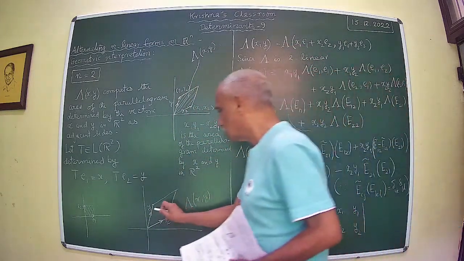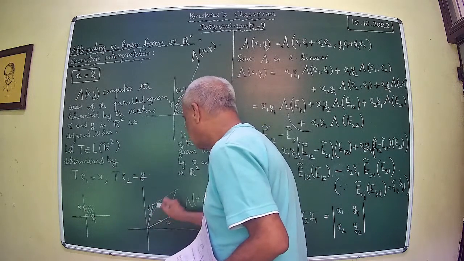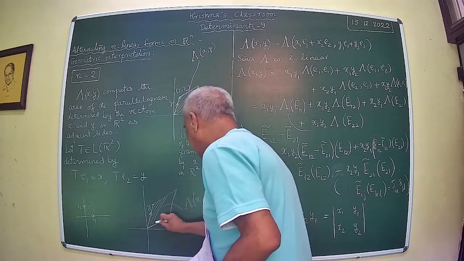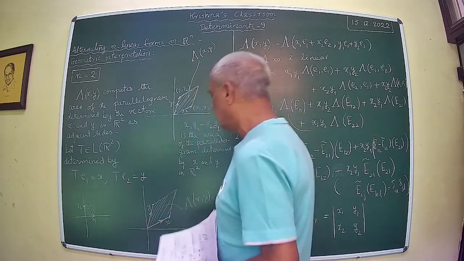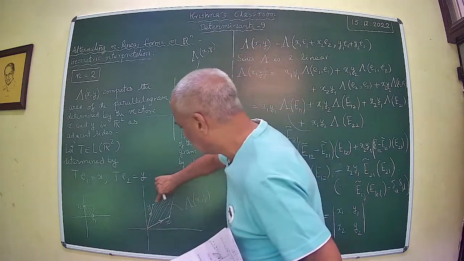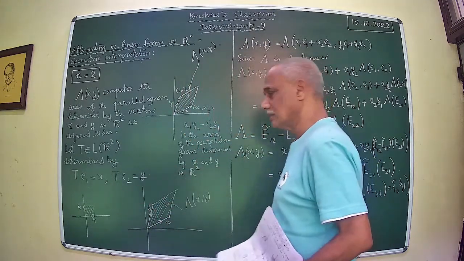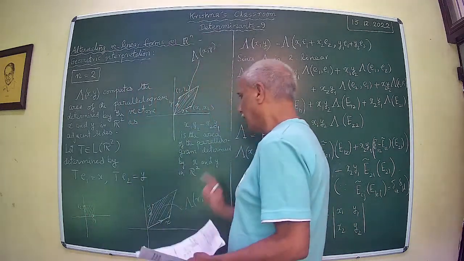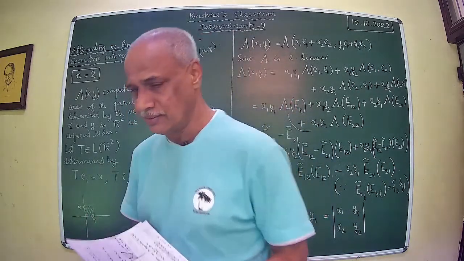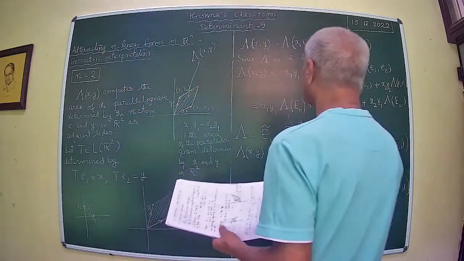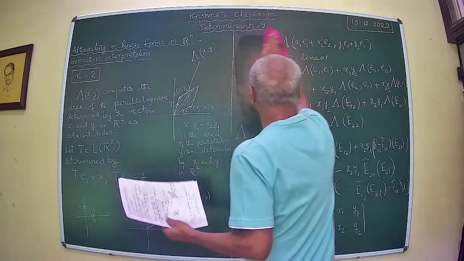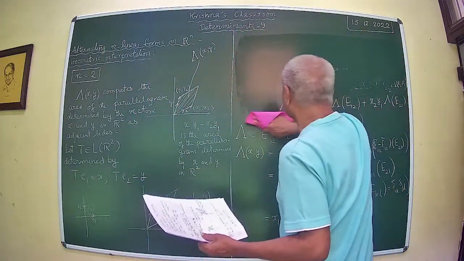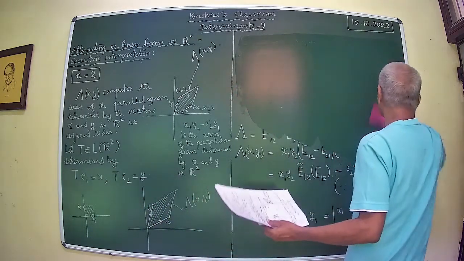Okay. So what happens is that under this linear transformation T, the unit area is mapped onto the area lambda of X, Y. So we have already seen this. We will recall what we did in the context of a linear transformation.